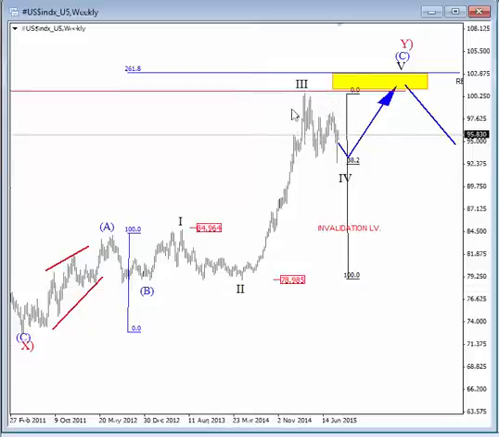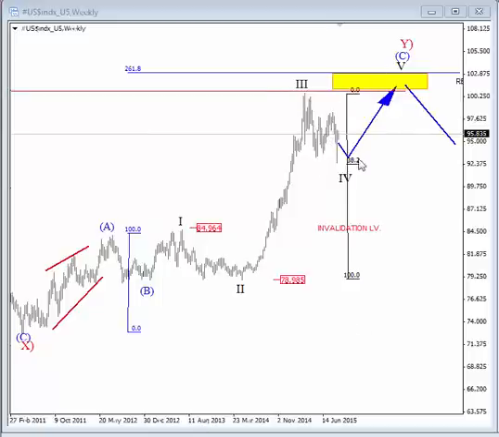So you can see that the pullback is very slow compared to the previous strong upward reaction, which means that this is a correction and that was an impulse. So that was a 5-wave move, this is a corrective move. With that said, we can assume that sooner or later the dollar index will move back to the highs.